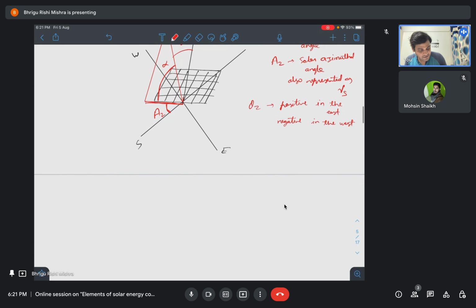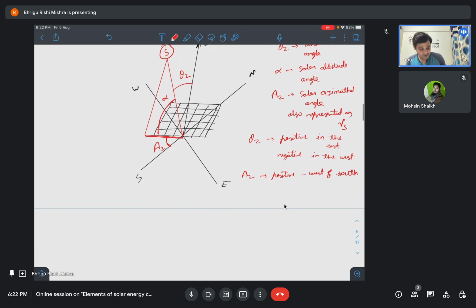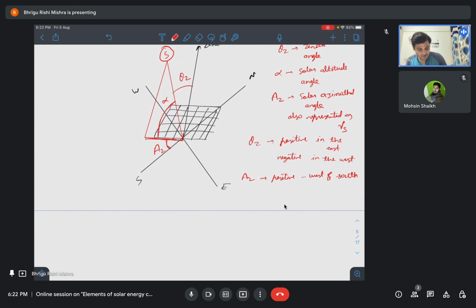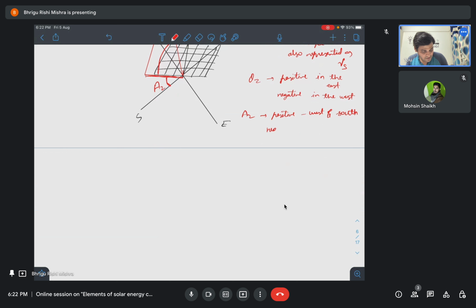Similarly AZ is positive when it is measured in the west of south. That means this position, west of south, is measured as positive, and negative when measured in the east of south.